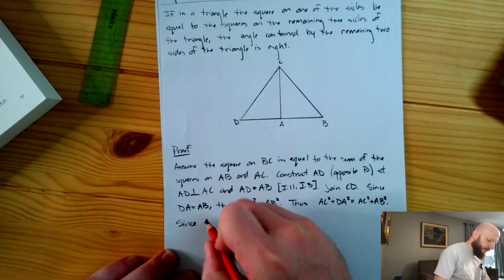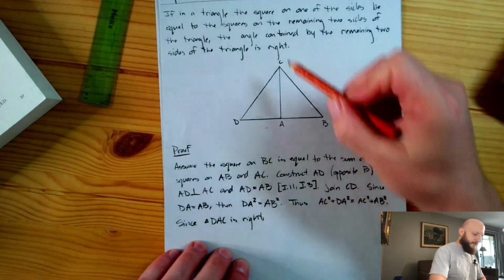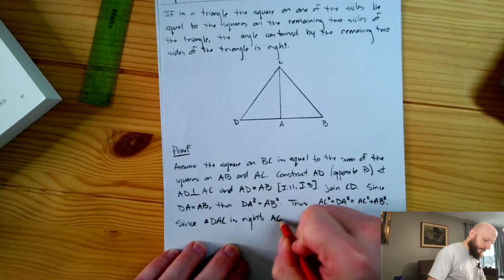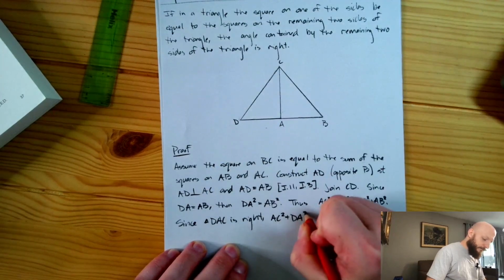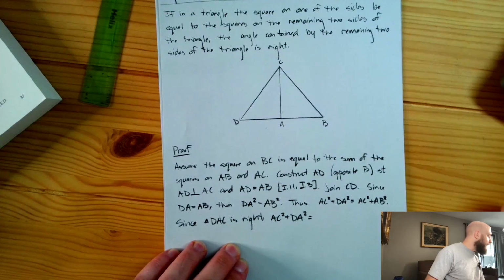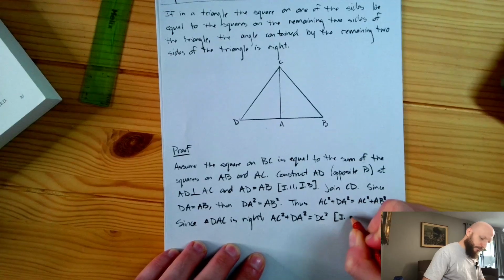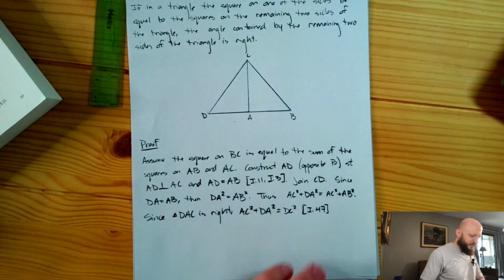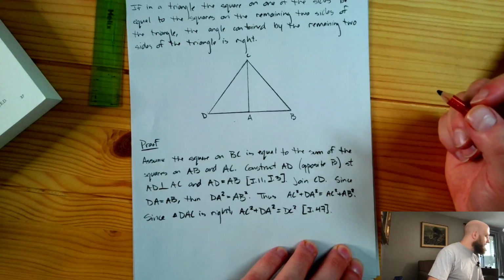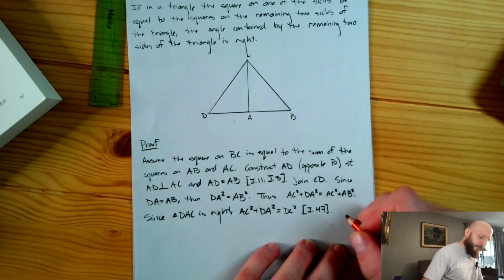So since triangle DAC is right, we get that AC squared plus DA squared is equal to DC squared. That was Prop 47. It gives us that. And the square on BC is equal to the squares on BA and AC by the hypothesis.